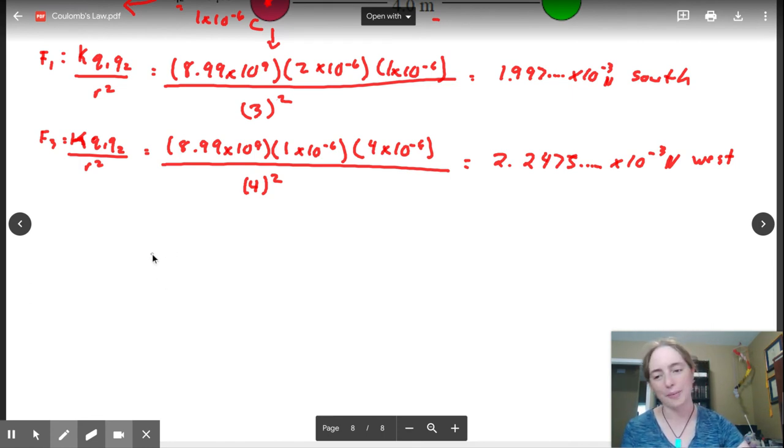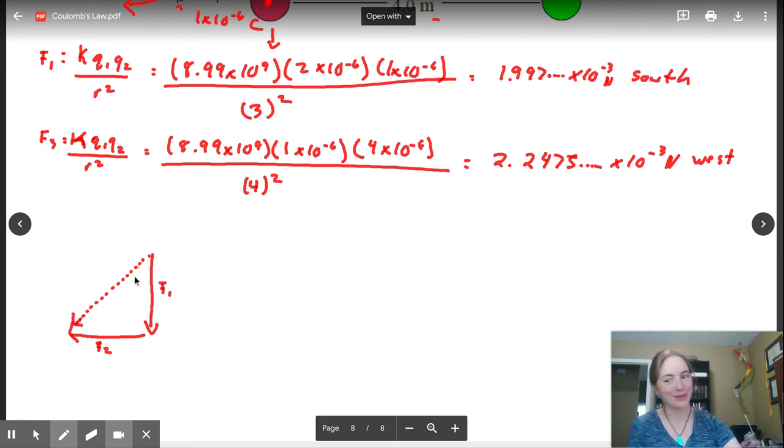Okay, so F1 is going south. F2 is going west. Your resultant, your net force, is going to be going like this. Okay? Your angle is always from where you started, so that's going to be your theta. All right?